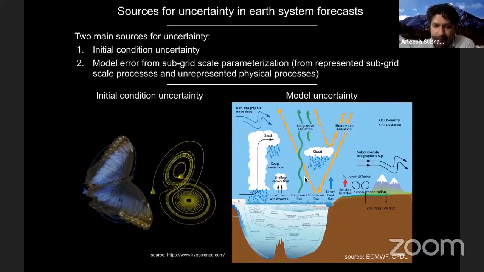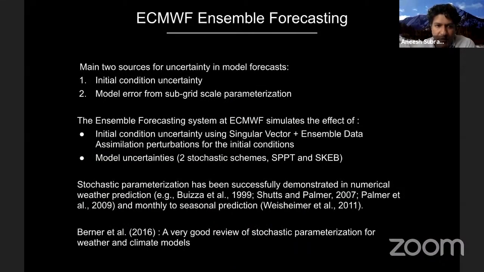So at the European Center, which is ECMWF, the European Weather Forecasting Center, one of the leading centers in terms of weather forecasting in the world, they represent both these types of uncertainty in their system. The initial condition uncertainty is represented using what's known as singular vector perturbations.